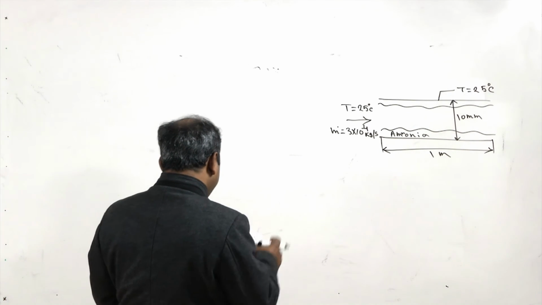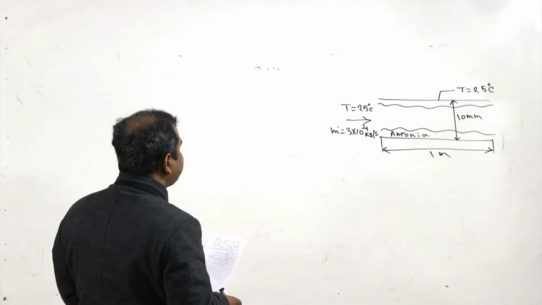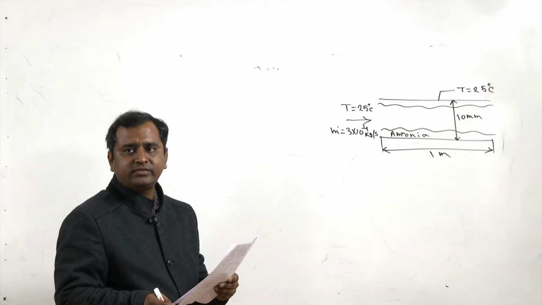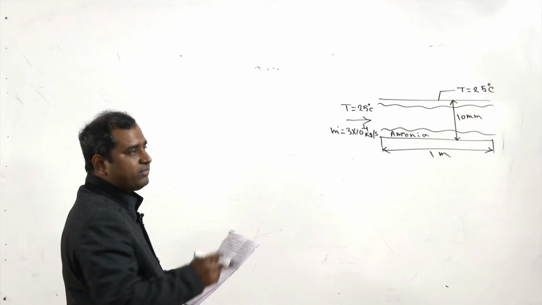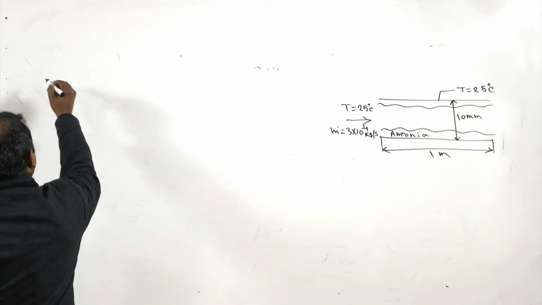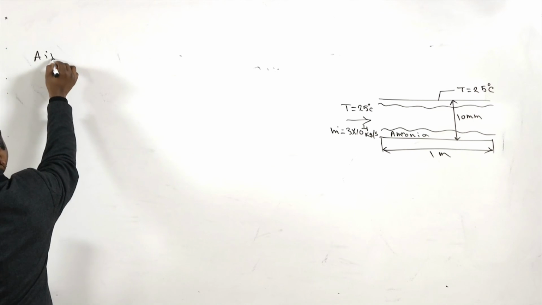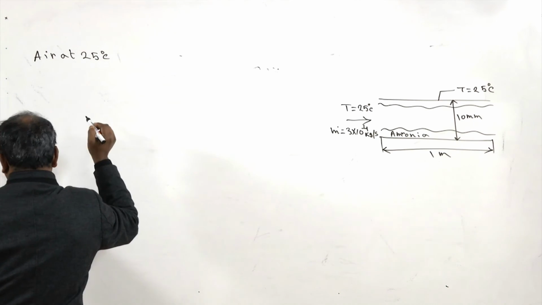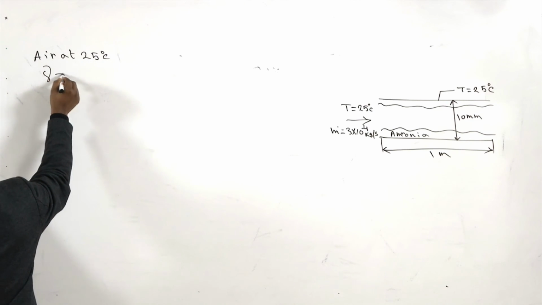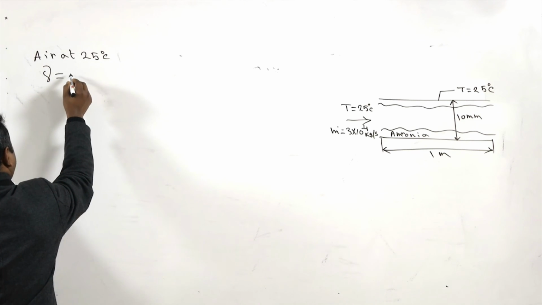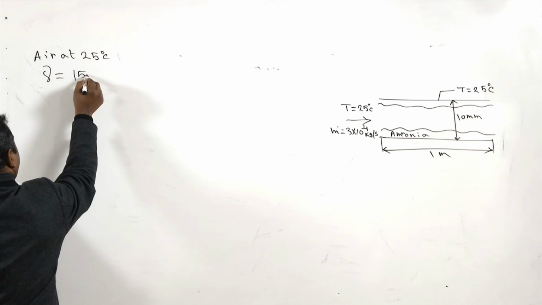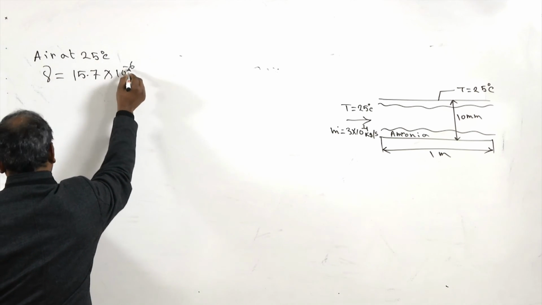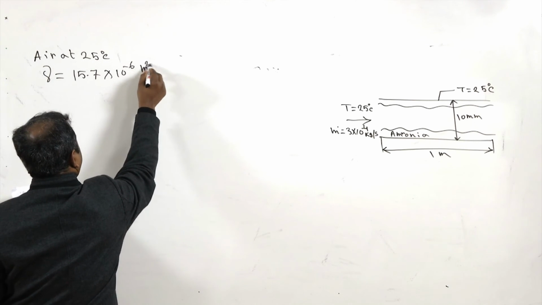For this situation, as air is at 25 degrees, let us first find out the properties required. For air at 25 degrees centigrade, first we require the kinematic viscosity nu, which is 15.7 into 10 to the power minus 6 meter square per second.